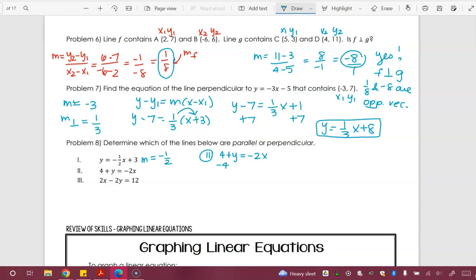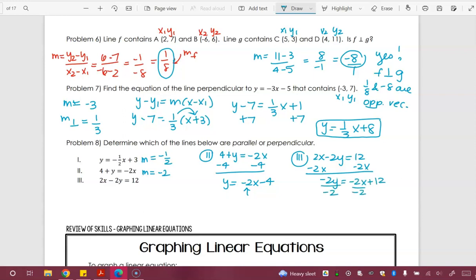I'm going to subtract the 4, and I get y equals -2x minus 4, which means my slope is -2. And then let's look at 3. It's 2x minus 2y equals 12. Solve for y. I'll subtract the 2x over. And then I'm going to divide by -2 by everything to get the y alone. -2 divided by -2 is just a 1. 12 divided by -2 is -6. Look at my slope, it's a 1.